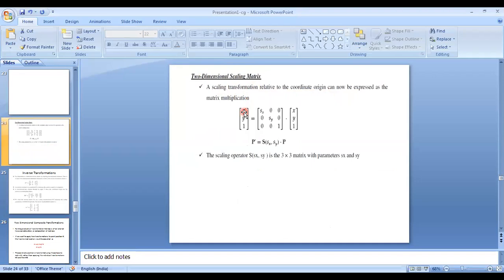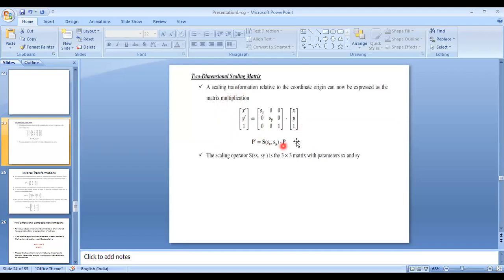So this was already in matrix multiplication, and I'm just converting that into the three coordinate system. So x dash, y dash and h is 1, is equal to sx 0 0, 0 sy 0, 0 0 1. This doesn't change anything. sx into x plus 0 into y plus 0 into 1, that is x into sx. Here also, 0 into x plus sy into y plus 0 into 1, so y into sy. x dash and y dash remain the same thing.